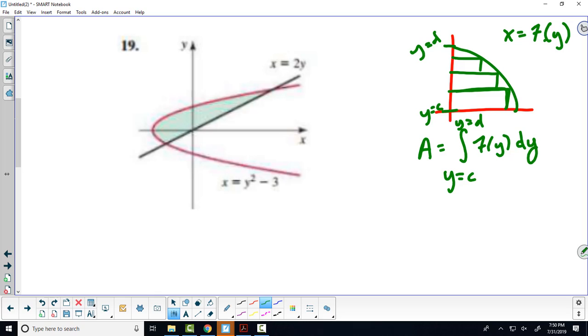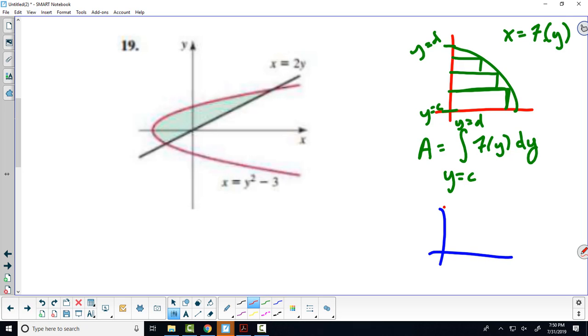But I stack them one on top of the other instead of one to the right of the other. So my limits of integration go bottom to top. My rectangles go left to right. My limits of integration go bottom to top.